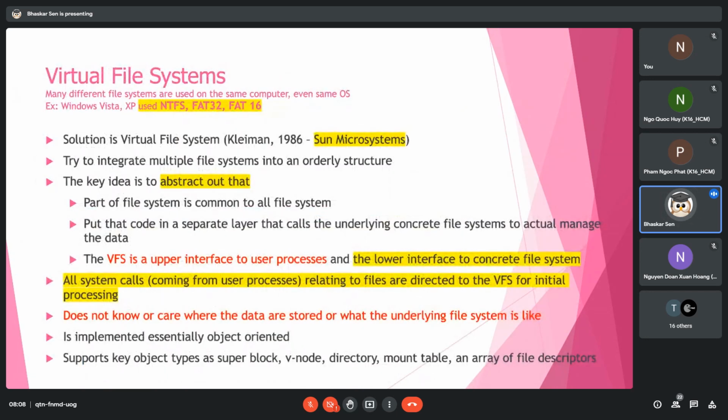Finally, it is the virtual file system, or VFS. Now, as the name suggests, why do we need it? A couple of things I've highlighted here, because it's from Sun Microsystems, the Java guys.